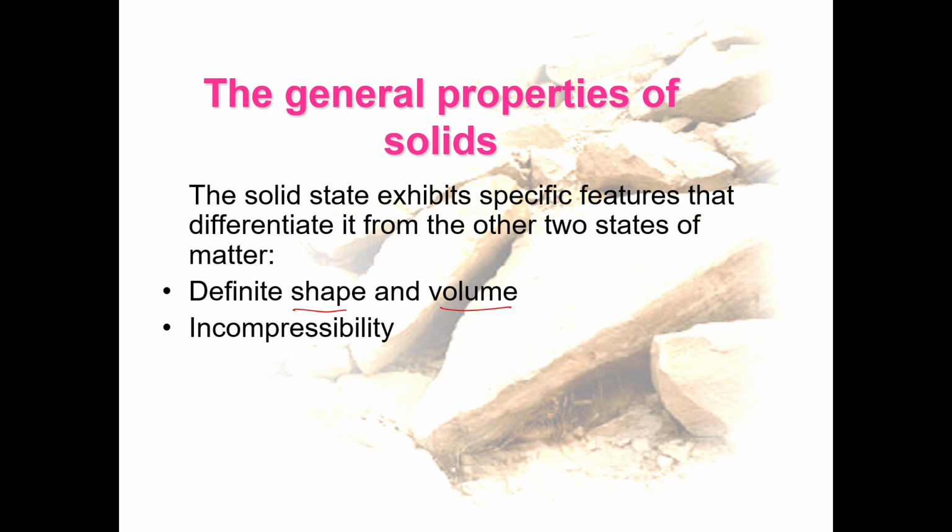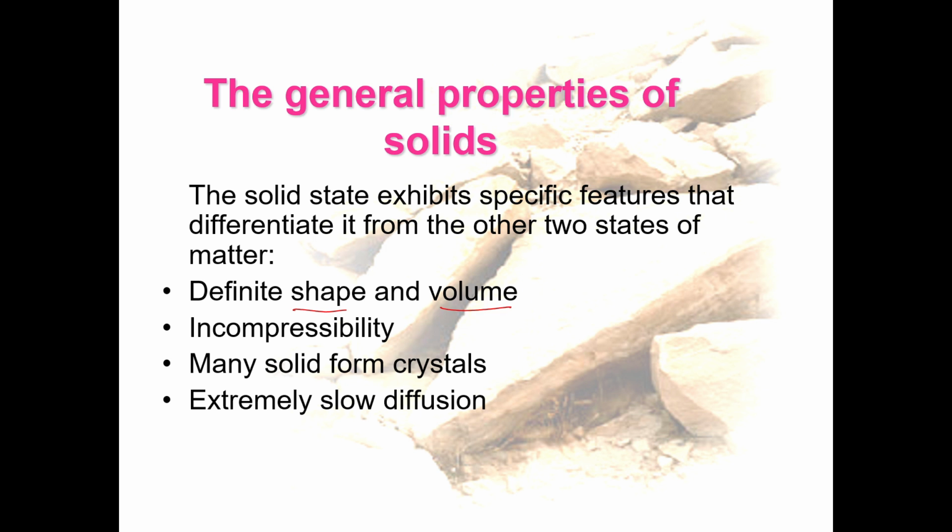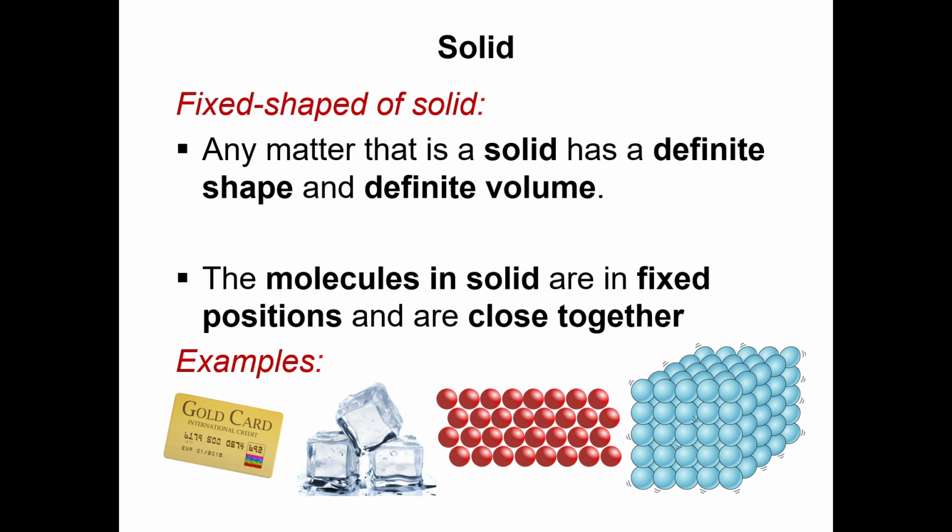Because of the arrangement of the molecules in solid, there is no space between each molecule. So for solid, the molecules are incompressible, difficult to compress because there is less space between the molecules. Almost all solids are crystalline solids, with slow diffusion. Actually there is almost none, the diffusion or resapan is very weak. Okay, that's all.